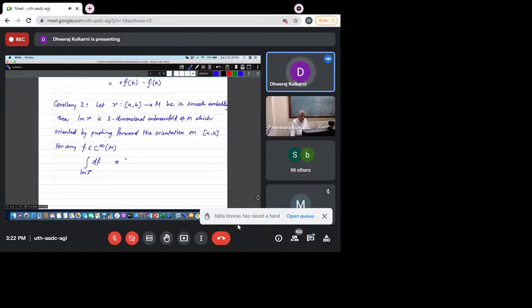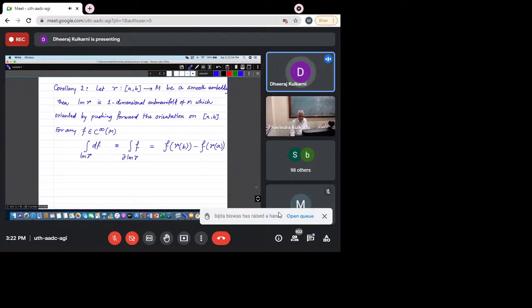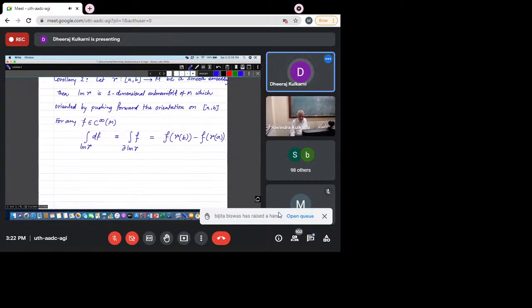By Stokes theorem, this is the same as the integration of f on the boundary of the image of gamma, which is simply f at gamma(b) minus f at gamma(a). So this is a generalization of what we saw in example 1. You can similarly obtain also Green's theorem, so corollary.